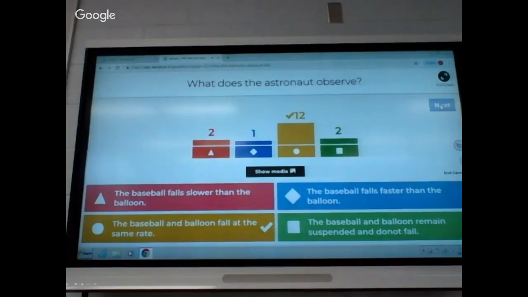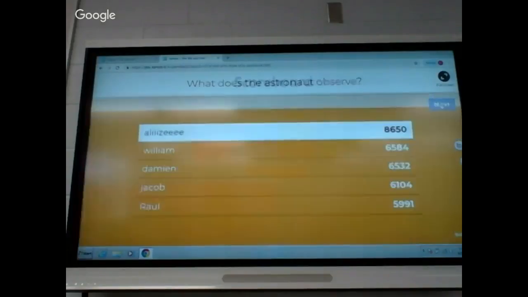Hallelujah. The other 5 of y'all know it's dead. They fall at what? The answer is always, whether you believe me or not, they fall at the same rate. Even if you don't believe me, pick the answer, they fall at the same rate. At least if you want to pass.